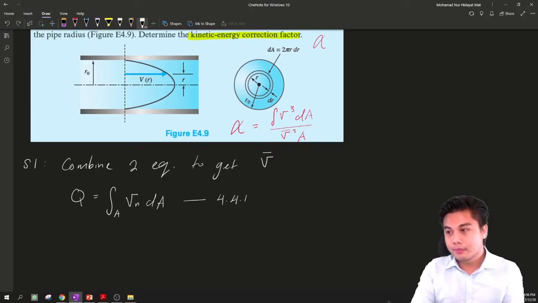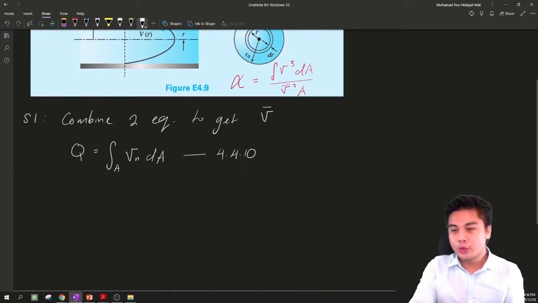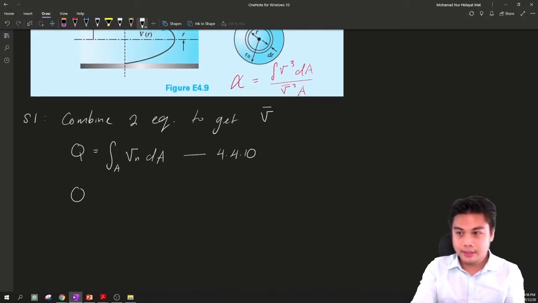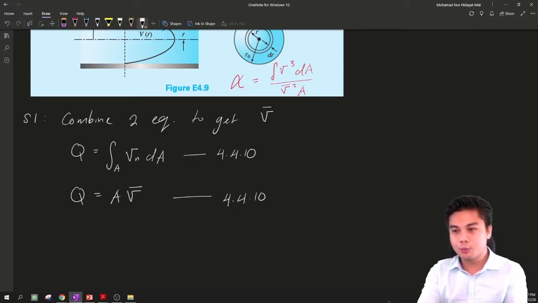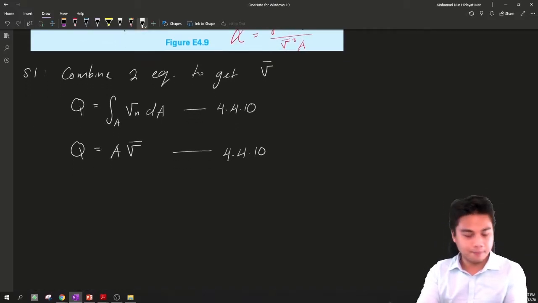And equation 2 is Q equal to A times the average velocity. This is equation 4.10 as well. Since the flow rate is the same, we can equate them together.